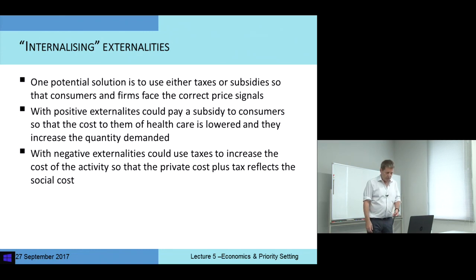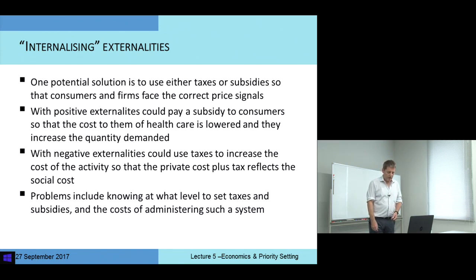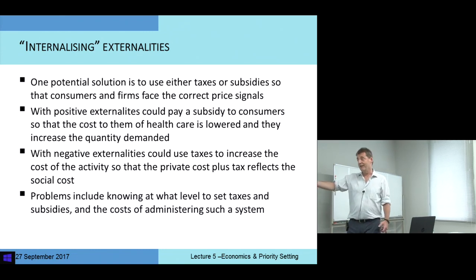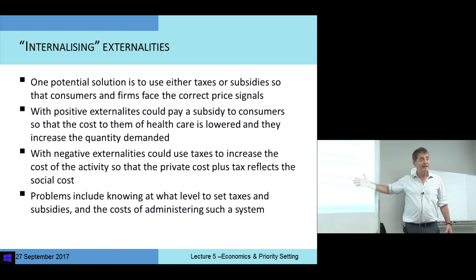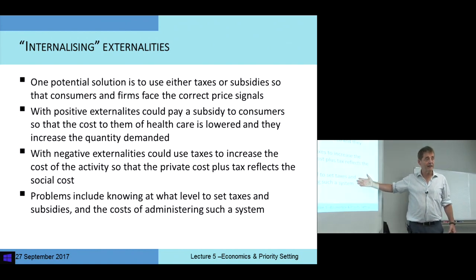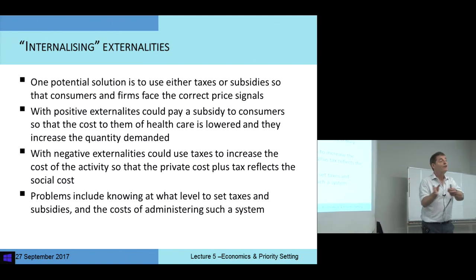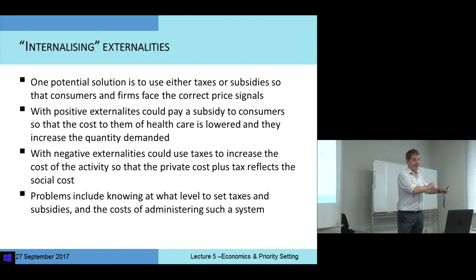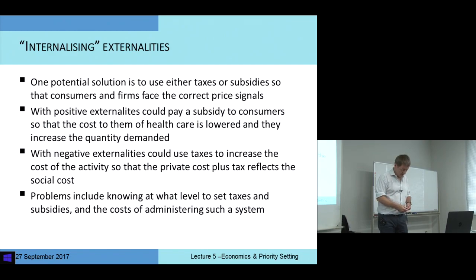Yeah, so I won't dwell on that. That's just putting it in words. There is a problem with this. What level do you set the tax at? Or what level do you set the subsidy at? You might over-subsidise something and you could have too much of it. And of course it's costly to administer such a system.